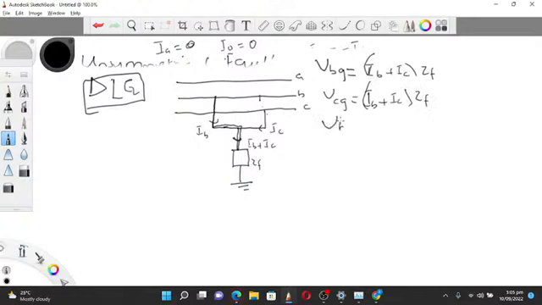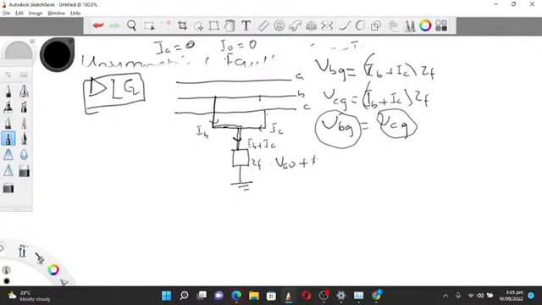Then from here, you can easily say VBG equals VCG. That is, the voltage expressed from line B to ground will be the same voltage in C.